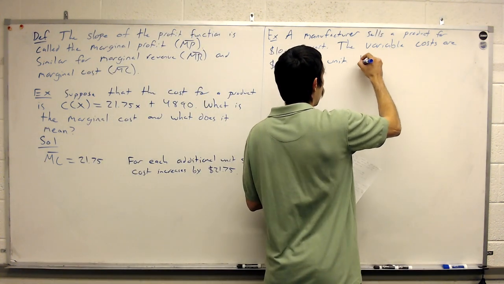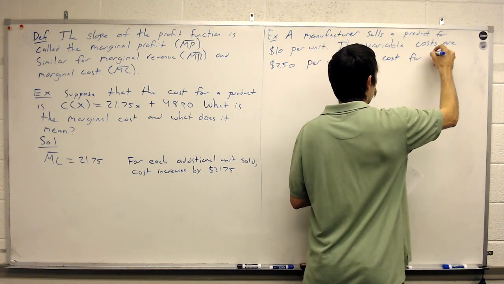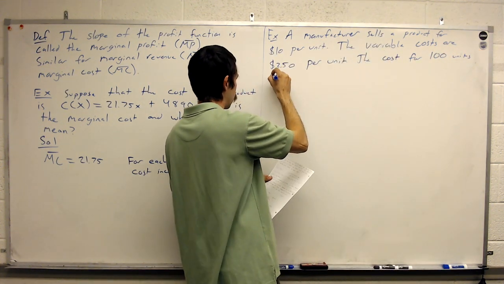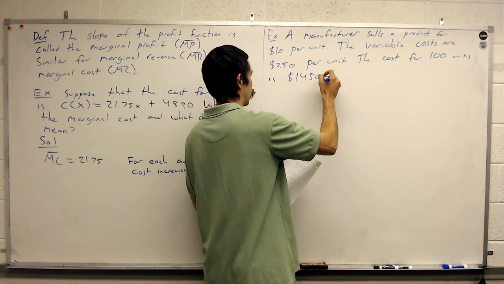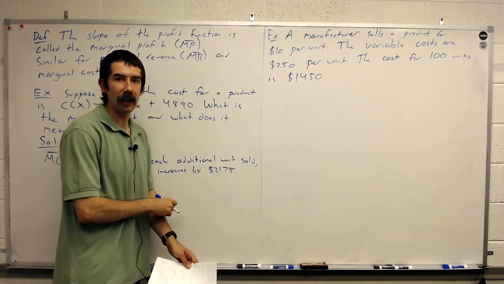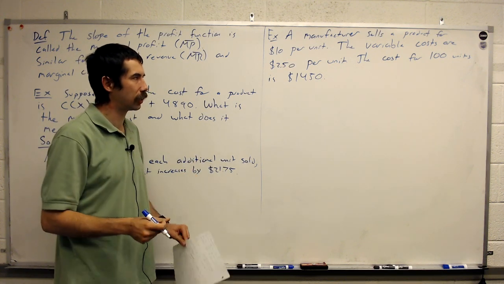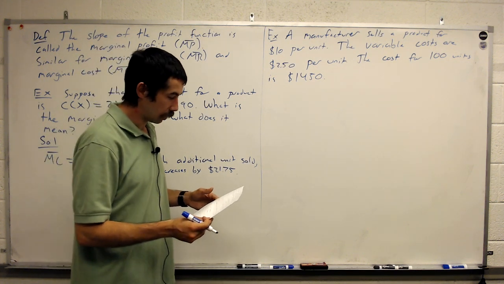Okay, the cost for 100 units is $1,450. So this includes the fixed cost. So the total cost of 100 units is $1,450.